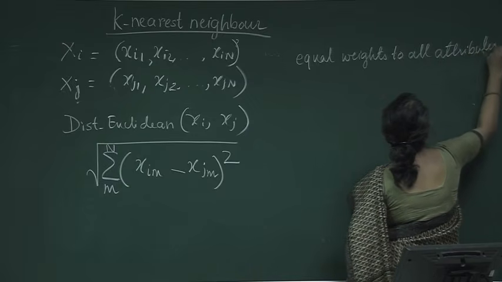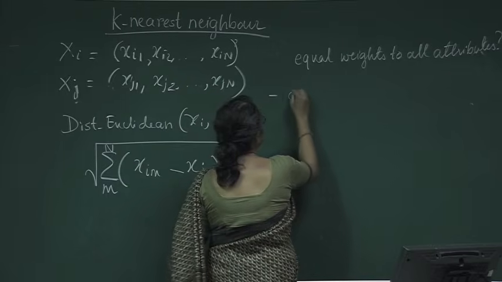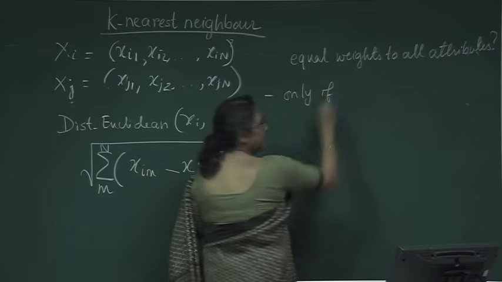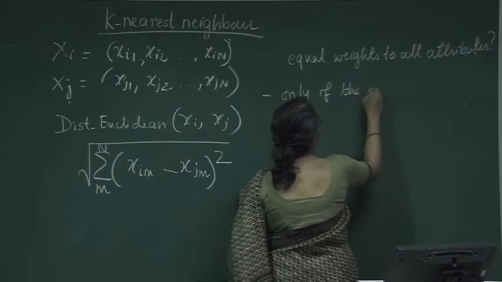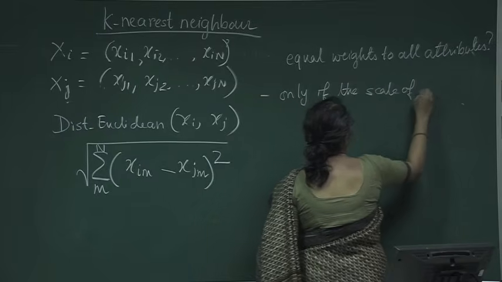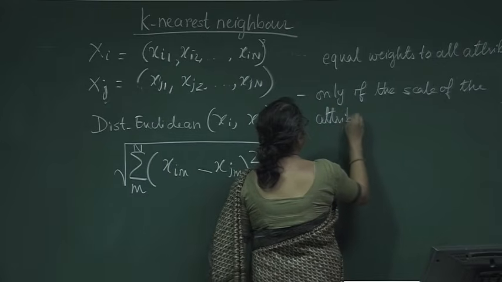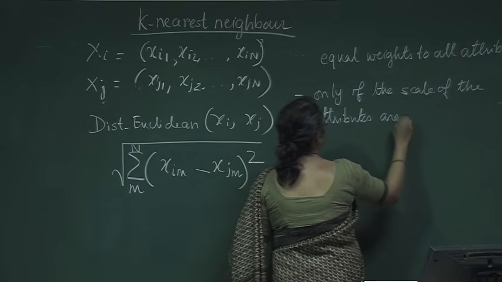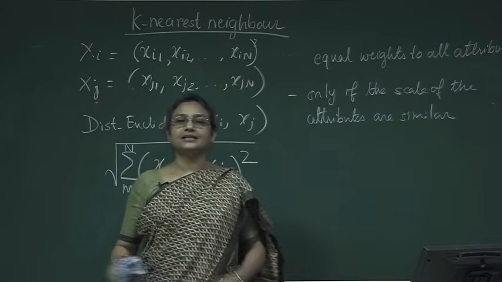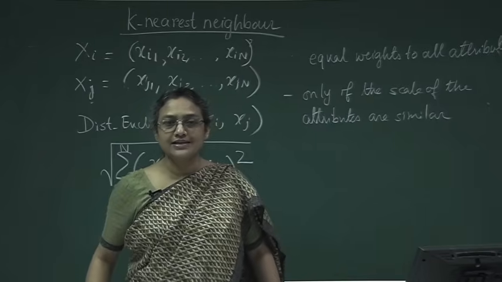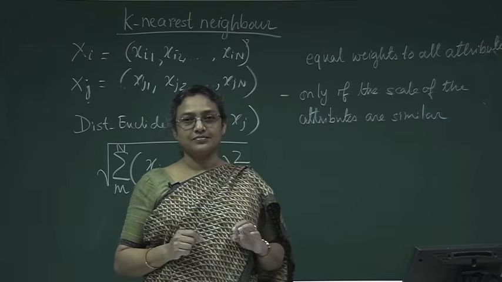Should we give equal weights to all attributes? You can do so only if the scales of the attributes are similar. What do you mean by scale? Suppose height is an attribute. If you are measuring height in centimeters versus height in feet, the differences are not the same, right?